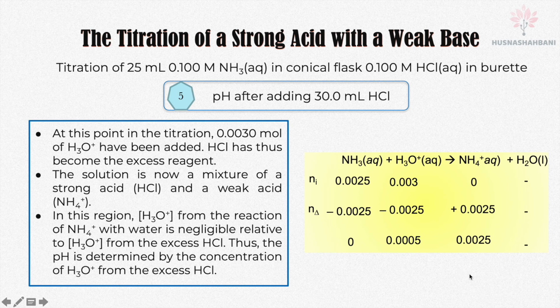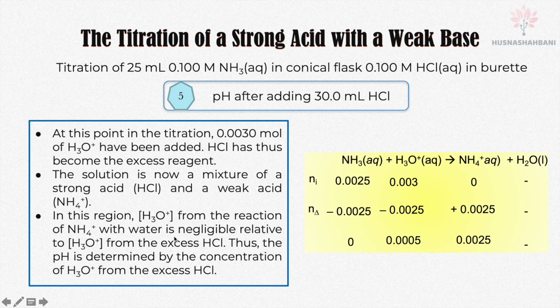And then in this region, H3O plus from the reaction of NH4 plus, we know that this is from the acidic salt. With an acidic salt, there is production of H3O plus. Strong acid, we have H3O plus as well. But here, the H3O plus from the reaction of NH4 plus, from the acidic salt, is negligible.